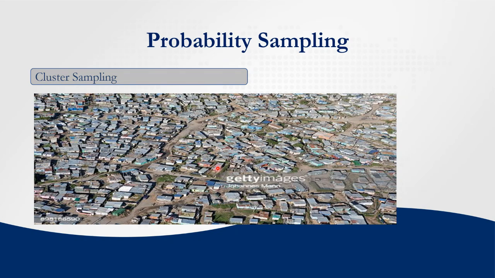But if you say, in these areas, I can cluster. So if you look at the middle one, maybe I will use the road. There is a road. So you use the features on the ground to create your clusters, but you create them in line with how many units you need to sample.